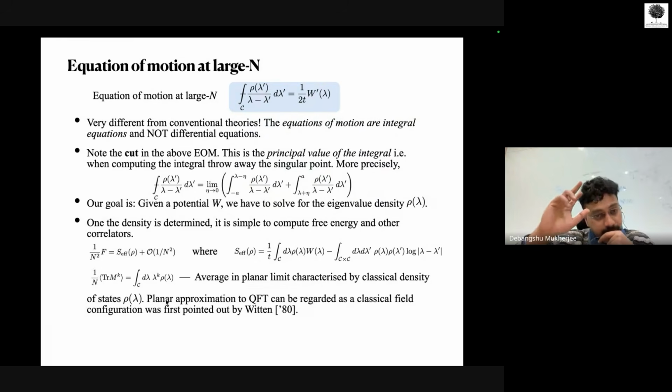After this, there have been many works on it, and I would also suggest everybody look at this very nice chapter in Coleman's book, called 1/N in Aspects of Symmetry. There, I think Coleman has done a brilliant job of explaining Witten's work.